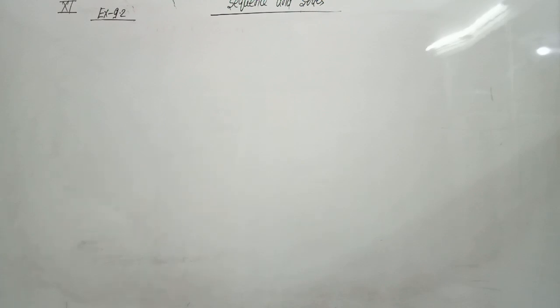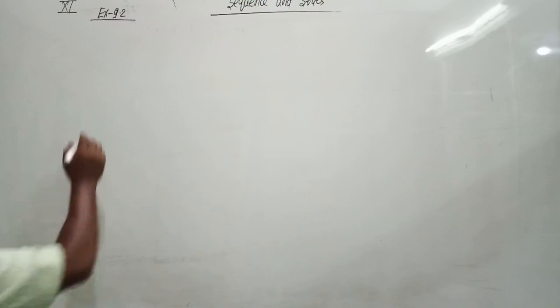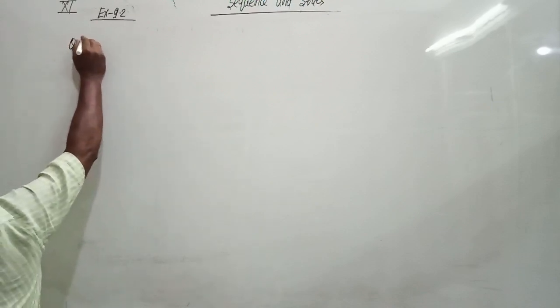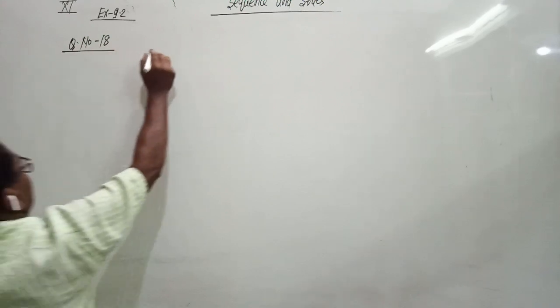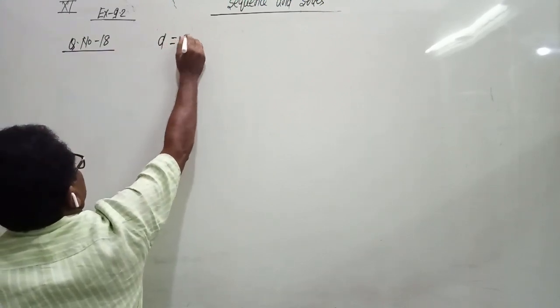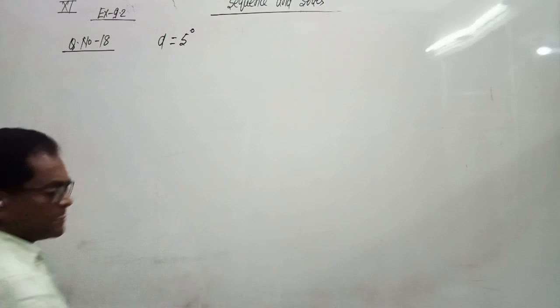Now question number 18. The difference between any two consecutive interior angles of a polygon is 5 degrees. Common difference is given: d equals 5 degrees.